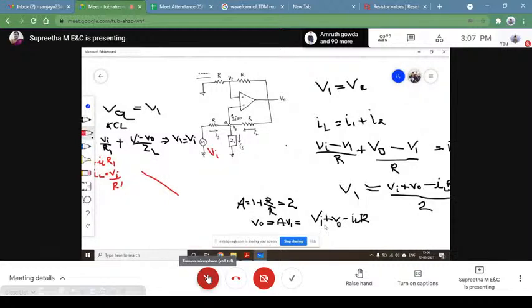So now if you observe, V0 exists on both the sides, so even these get cancelled out.